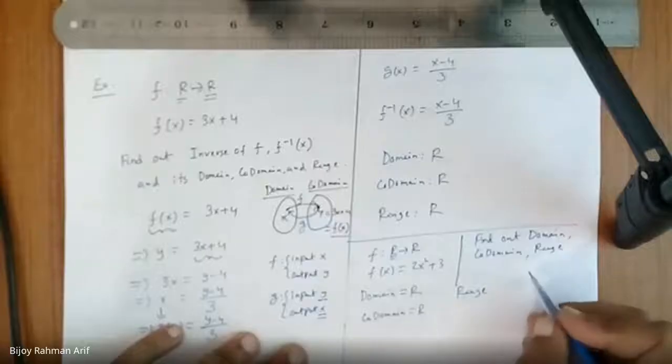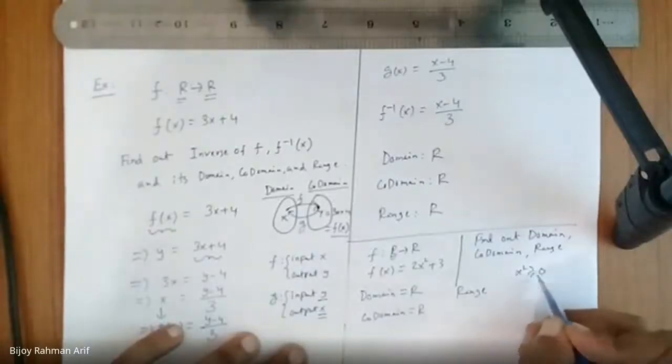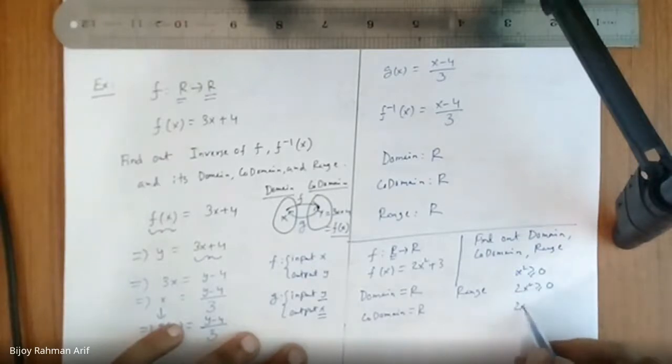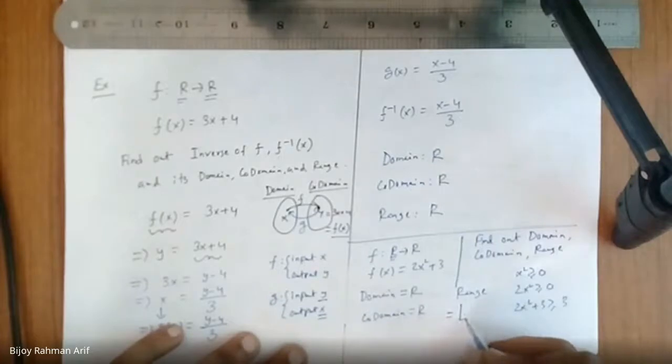Greater than or equal to 0. No, see, x square is greater or equal to 0. So 2x square is also greater or equal to 0. 2x square plus 3 should be greater or equal to 3. So range would be starting from 3 to plus infinity. Okay.